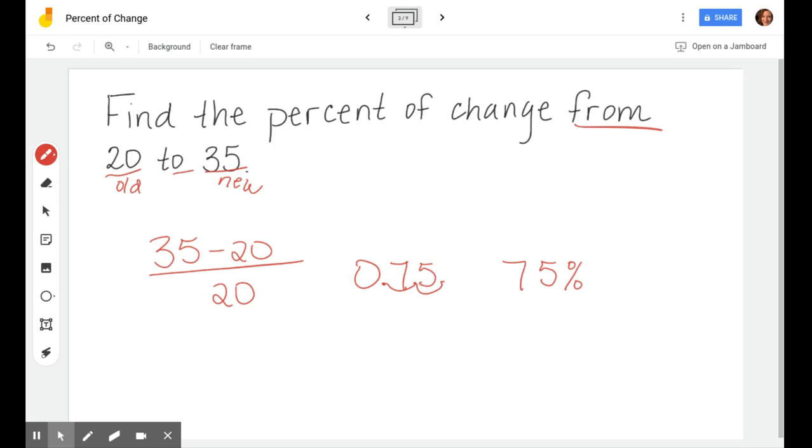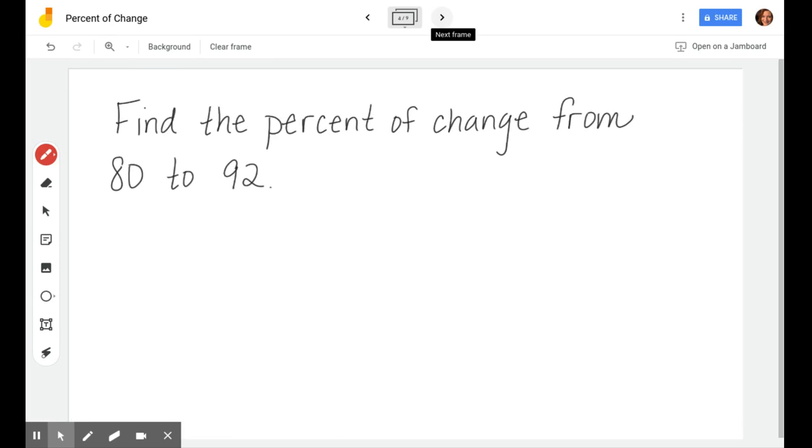Let's do another. Find the percent of change from 80 to 92. Again, I know this one's going to be a positive percent. It's an increase. It's going up from 80 to 92. It says from 80, so 80 is the old one, to 92, so 92 is the new one. You take new minus old.